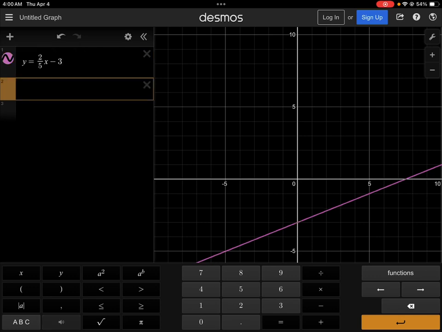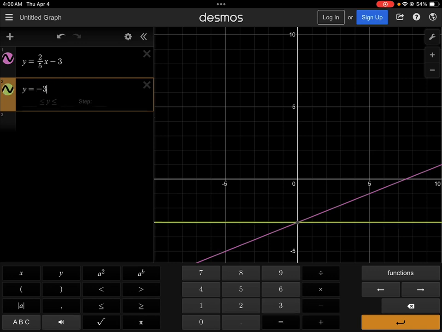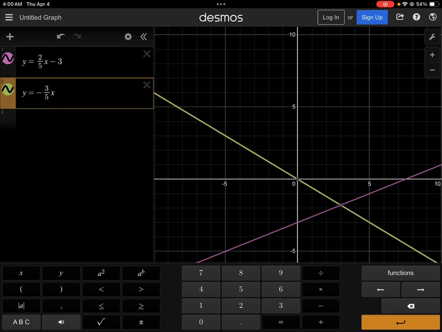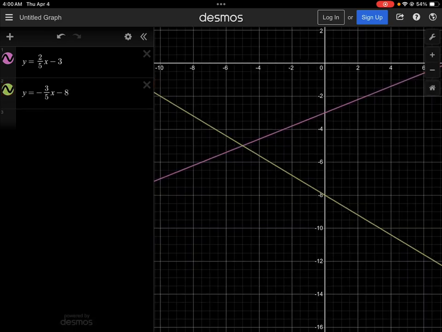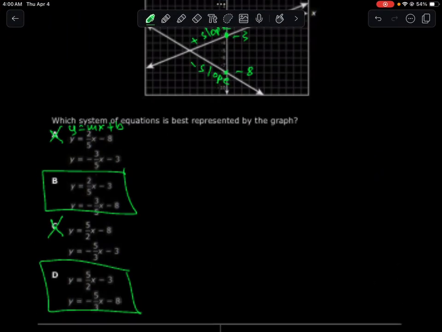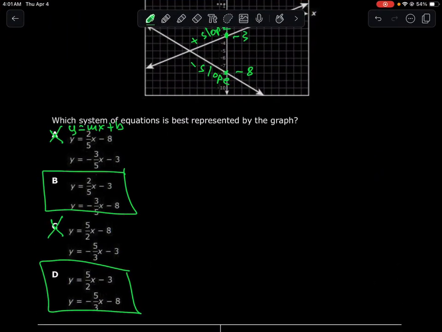Let's put the other one. y equals -3/5x minus 8. Let's see. It looks like this could be it.